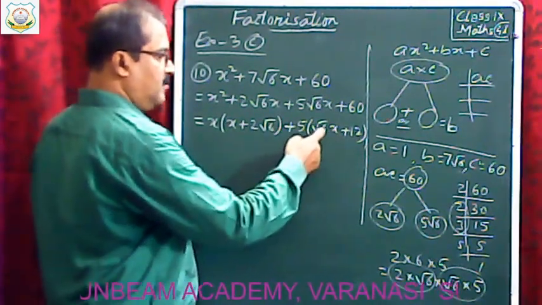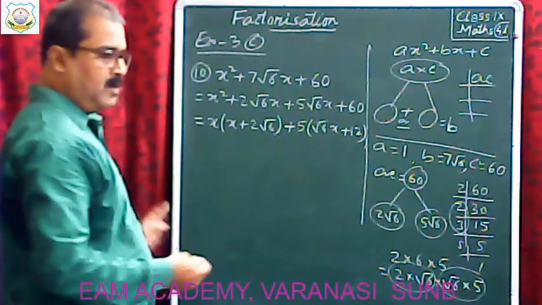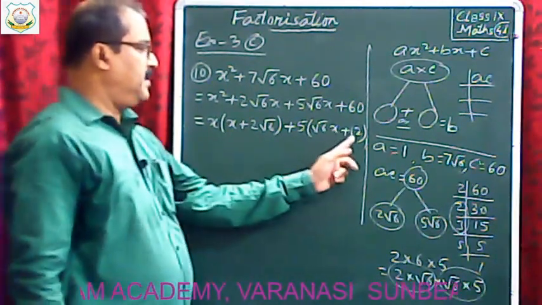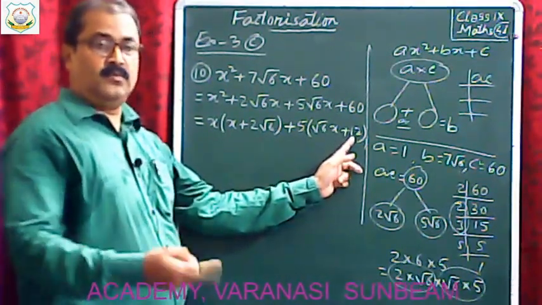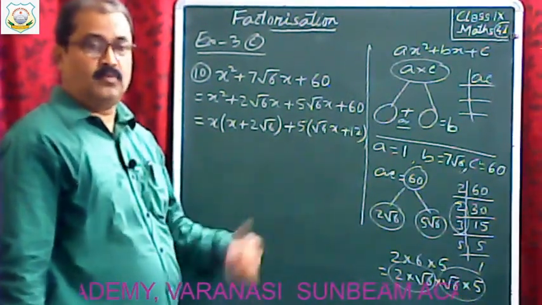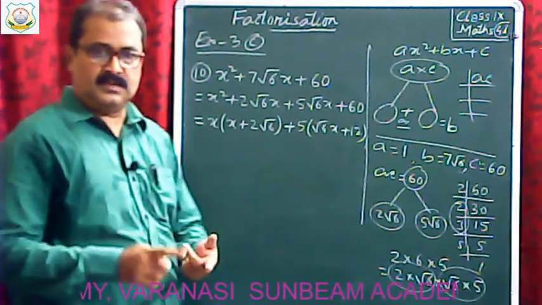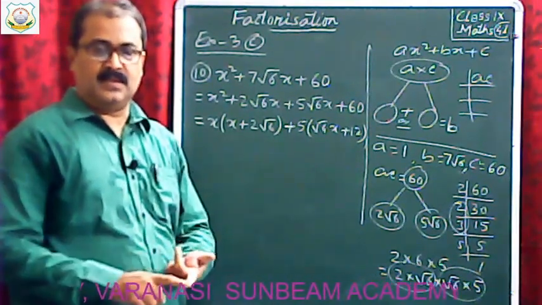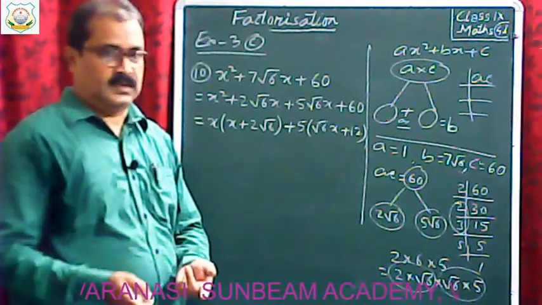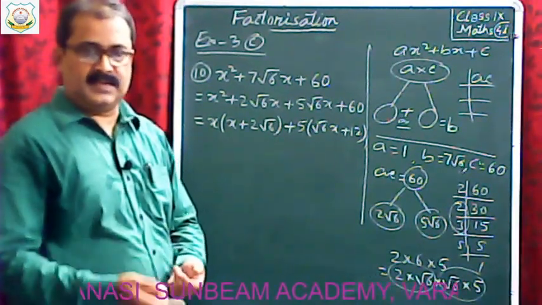In the second bracket we have root 6 x plus 12. Both are not the same. What you have to do, you have to express 12 in terms of root 6. Then we can take out root 6 as common. So how to write 12 with root 6? 2 into 6 is 12. In place of 6 you have to write root 6 into root 6. If you multiply root 6 into root 6, you get 6 again.